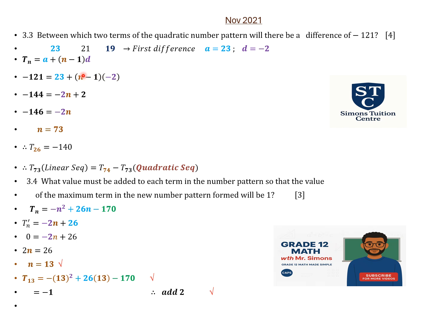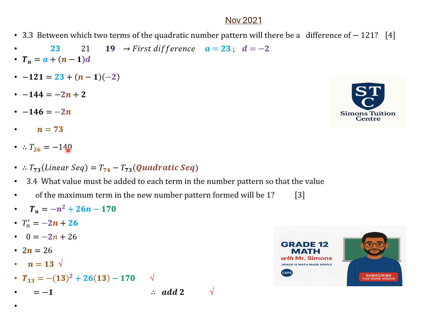Negative 2 times n gives me negative 2n, and negative 2 times negative 1 gives me plus 2. Minus 121 minus 23 minus 2 gives me negative 146, equal to negative 2n. N therefore equals 73.